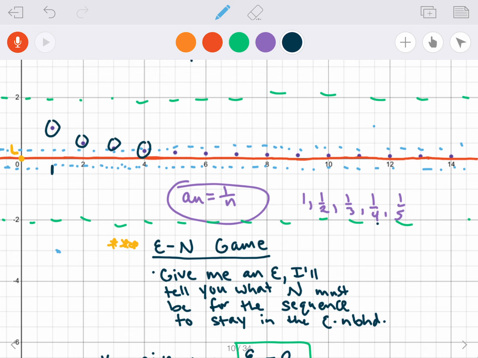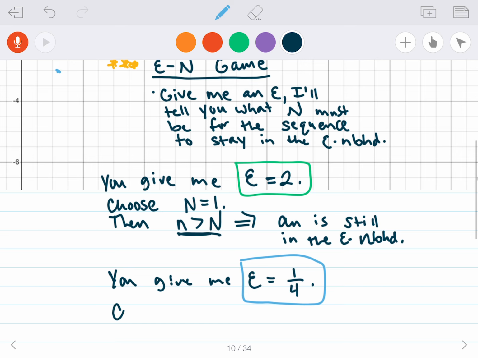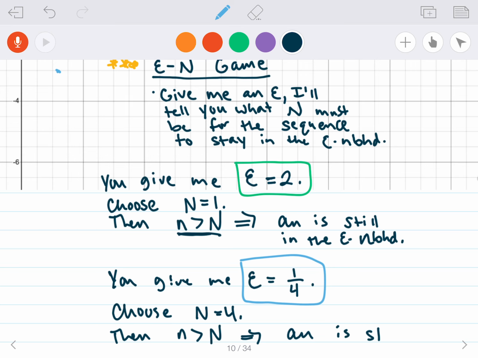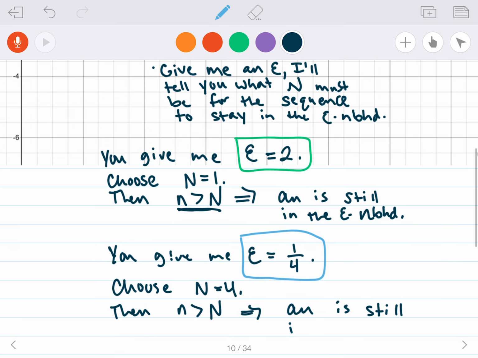It happens at n equals 4 when everybody just stays stuck in this neighborhood, okay? So that's why I need to choose capital N equals 4. Then little n larger than capital N implies that a sub n is still in the blue neighborhood. Okay, so really mull this over.